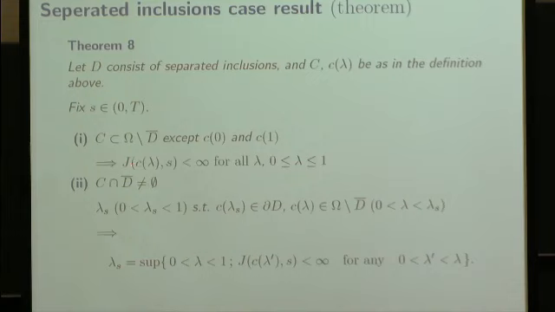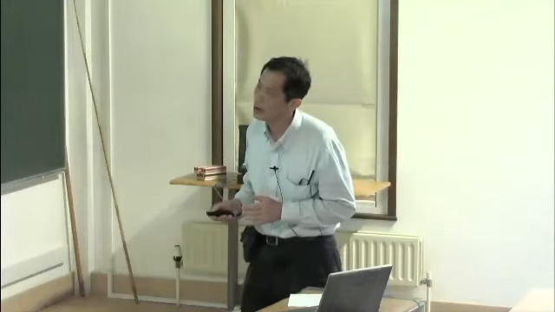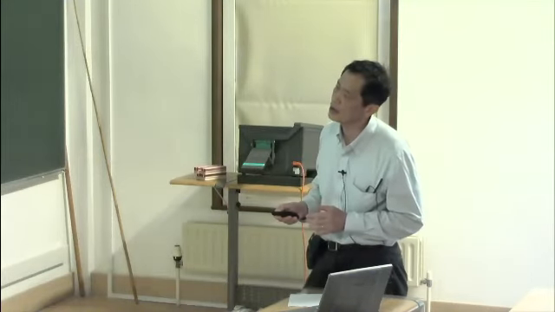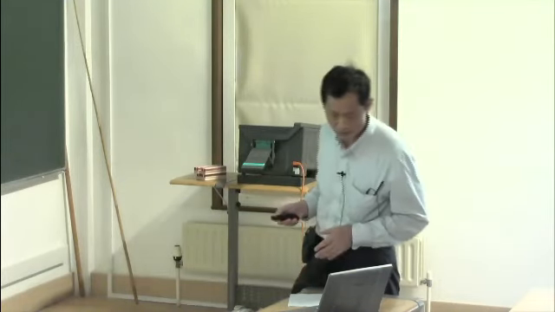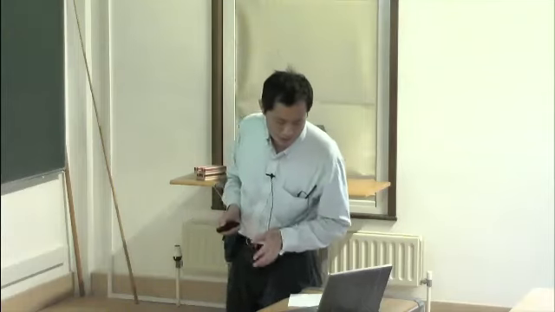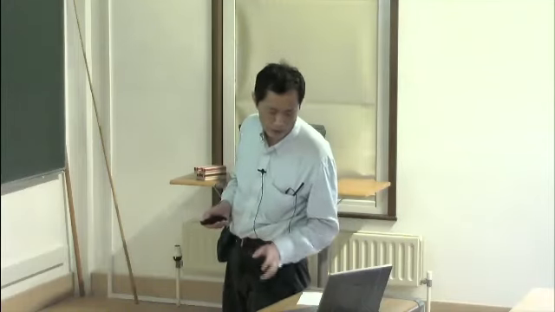But if the needle is touching, is intersecting with the D bar, then we will know that the indicator function will blow up at the first hitting point of the needle to the boundary of D. In a complicated way, you can describe it as follows, but essentially it is how I explain you.